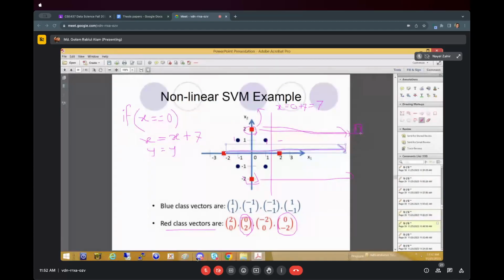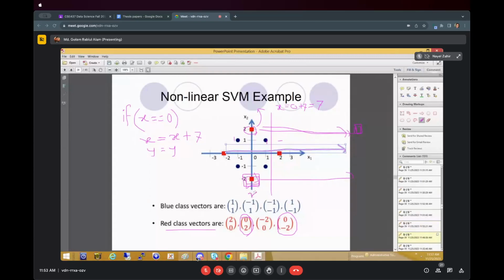Similarly for another point, this one, x is 0. If we apply the condition x is 0, yes, true.